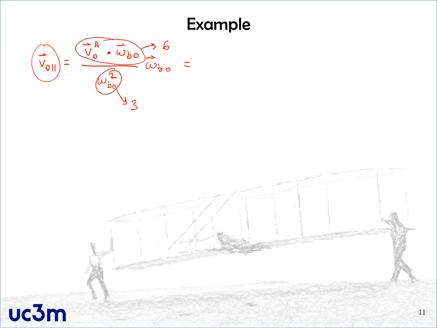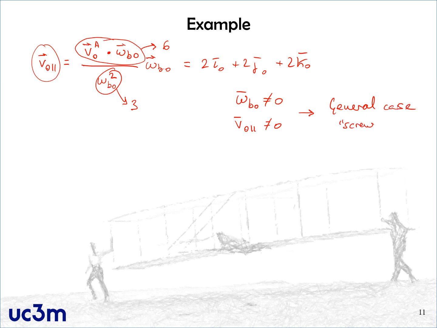Therefore, the parallel velocity is different from 0, and actually it is 2 i0 plus 2 j0 plus 2 k0. Okay, so we conclude that since we have omega dot v0 different from 0 and a parallel velocity different from 0, we are in the general case, okay, what we call the screw motion.